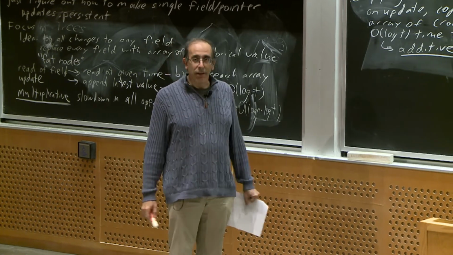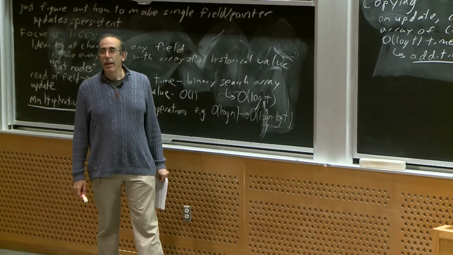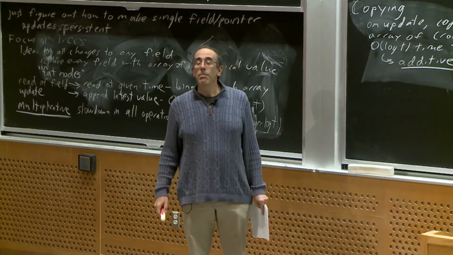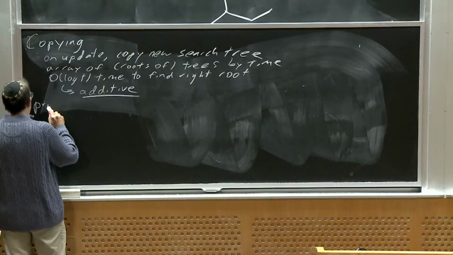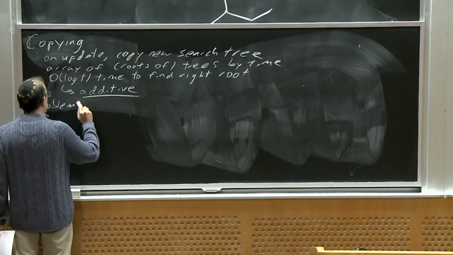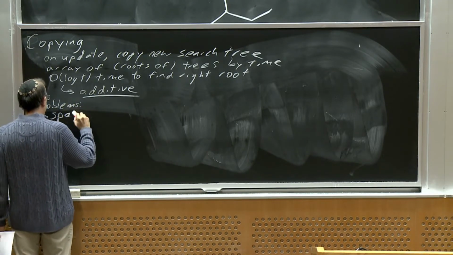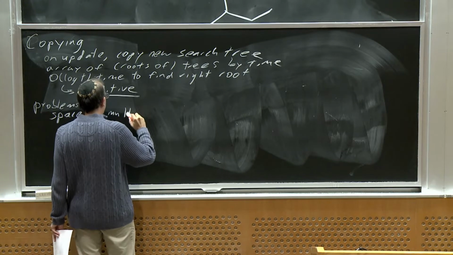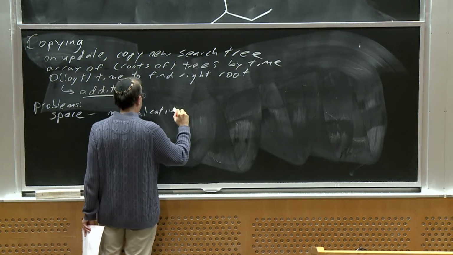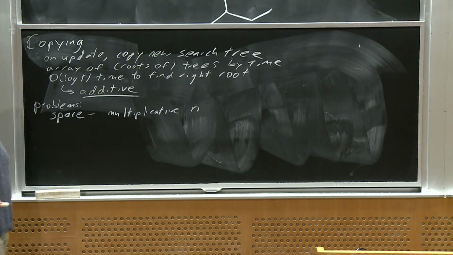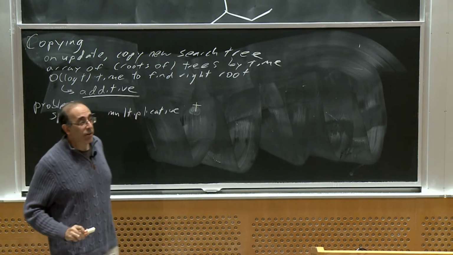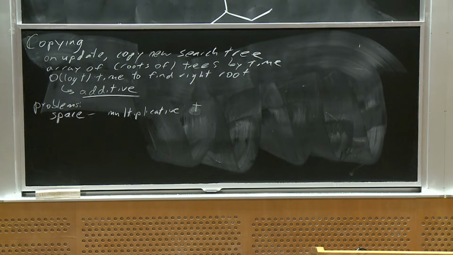What is the downside of copying the entire search tree every single time I do an update? Yes? Memory, right? So that's certainly one of them. Space now has a multiplicative factor of t, because I'm making t different trees, each of size n. There's a second problem, yeah? It takes a long time to copy the tree.